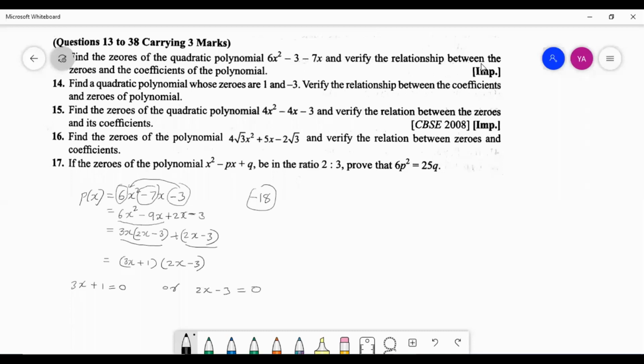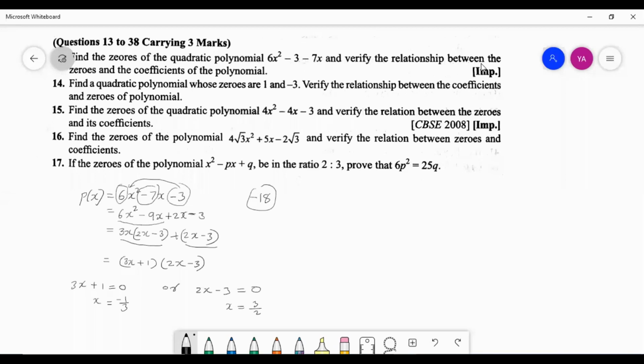Those values will be the zeros of the given polynomial. How can we find x from the first equation? x is equal to minus 1 by 3. And from the second? x is equal to 3 by 2 will be the second zero.